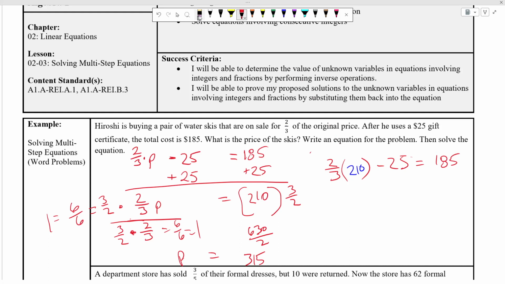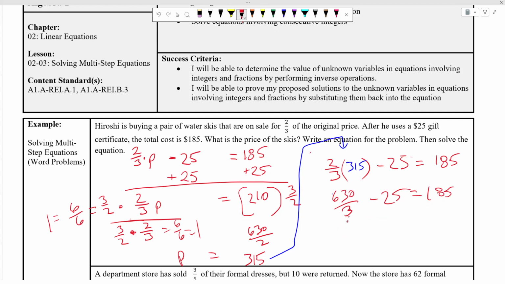Anyways, not to harp on that too much more, let's go ahead and put in the 315 that we got. So if I put the 315, let's see, 2 times 315 happens to be 630, and that is over 3 minus 25 equals 185.